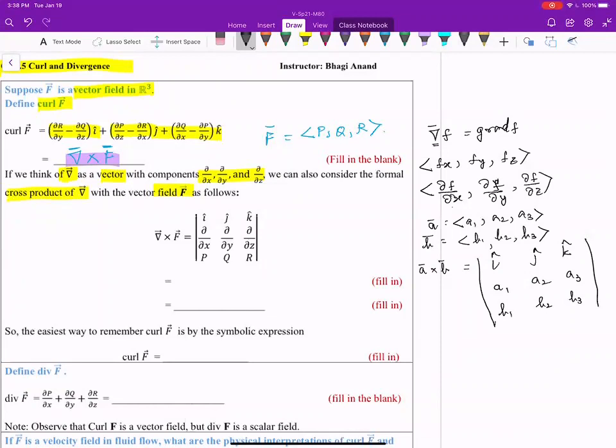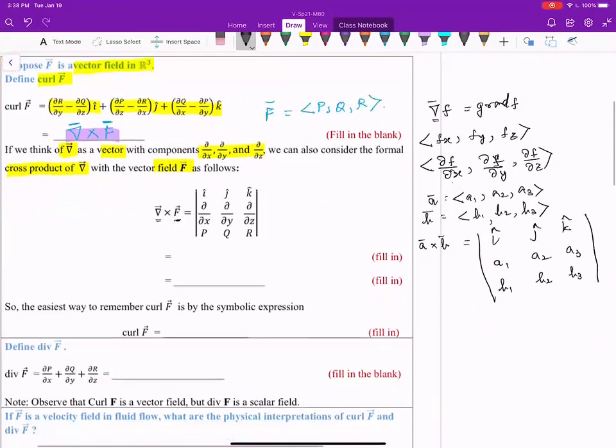So for del cross F, the first row in the determinant is i, j, k. The second row is the components of del, which are dou by dou x, dou by dou y, dou by dou z. The third row is the components of F, which are P, Q, R. Expand this the same way we expanded earlier in chapter 12. Go by the first row.